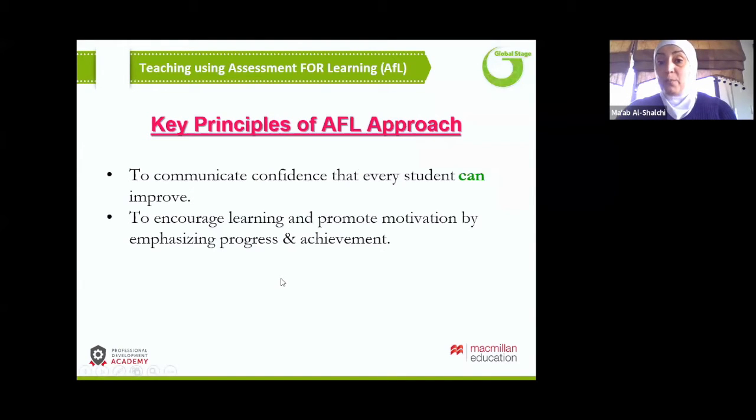So key principles would be to communicate confidence that every student can improve, encourage learning and promote motivation by emphasizing progress and achievement. And this point is actually very important, because sometimes teachers tend to praise the outcome: you did a great job, this is a fantastic answer.